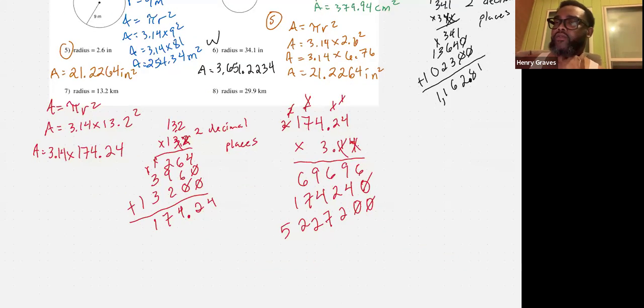So 6, 9 plus 4 is 13. Add the 1. 6 plus 2 is 8, 10, 11. Over here, 4, 13, 20. 1 for the 2, 13, 15, 17. 1, that's going to be 4. And I have 4 decimal places.